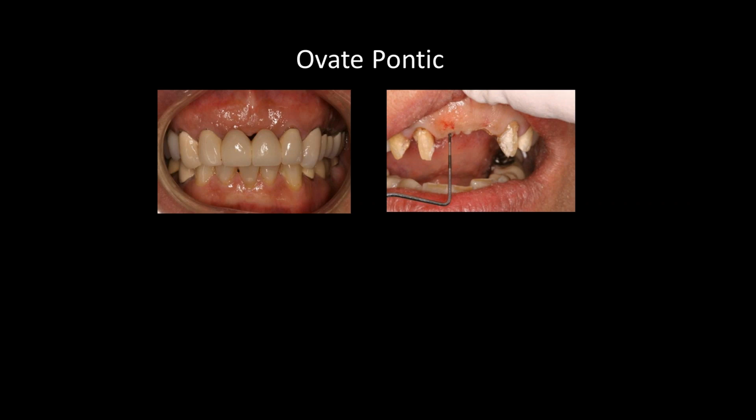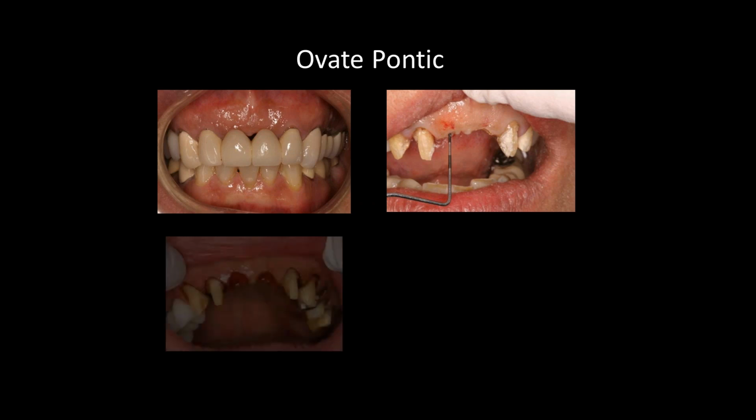About 3+ millimeters here. In the anterior, I like to make the ovate sites at least 2 millimeters deep because they look better. In the posterior, you can get by with 1 millimeter, but 2 is great. You want to leave 1 millimeter of tissue covering bone. That's kind of your minimum.